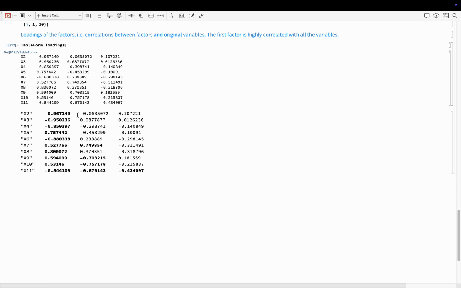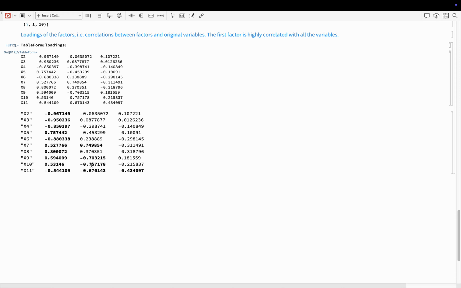What is the interpretation of those components? The first one has high input from roughly everything, so it is just the whole bunch of data combined together.